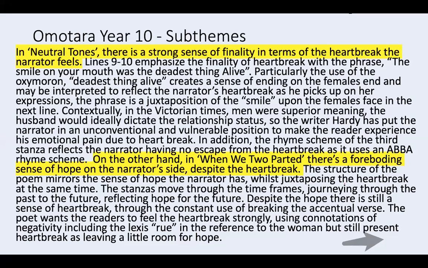Despite the hope, there is still a sense of heartbreak through the constant use of breaking the accentual verse. The poet wants the readers to feel the heartbreak strongly. Using connotations of negativity, including the lexis in the reference to the woman, but still presents heartbreak as leaving a little room for hope.